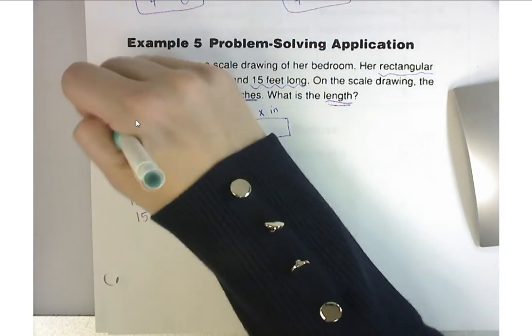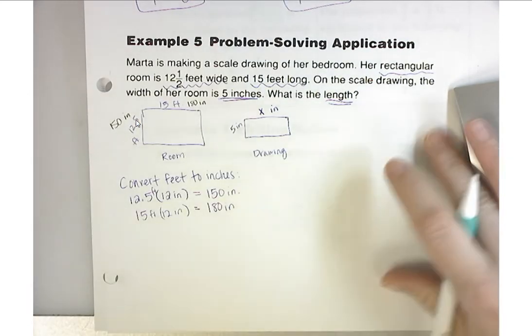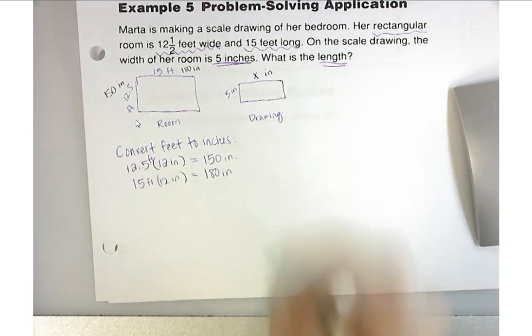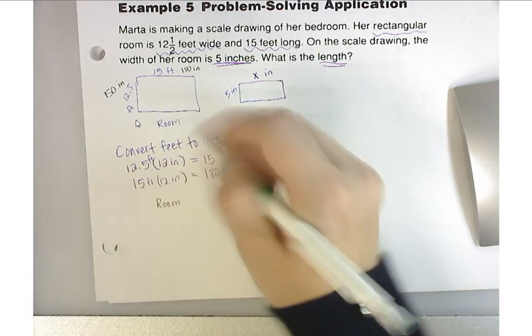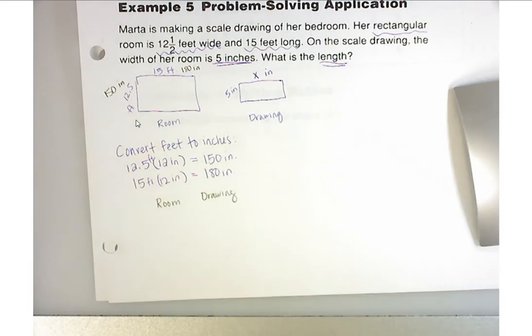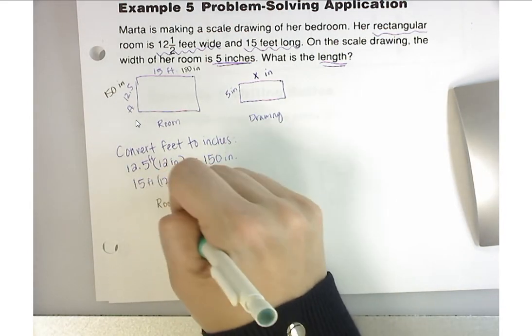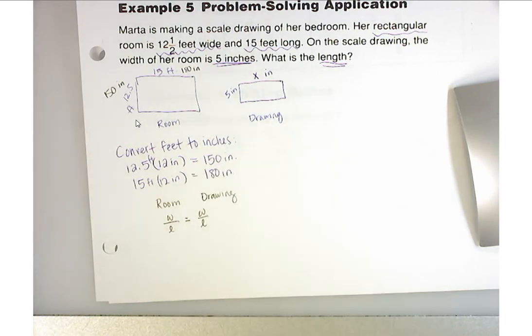So this is 180 inches. This is 150 inches. Now that we have the same units, what we can do is set up a proportion. The room is going to be compared to the drawing. One way that you could compare them is you could do the width over the length, and that would equal the width over the length of the drawing. You could also flip that. You could do the length to the width for both of them.